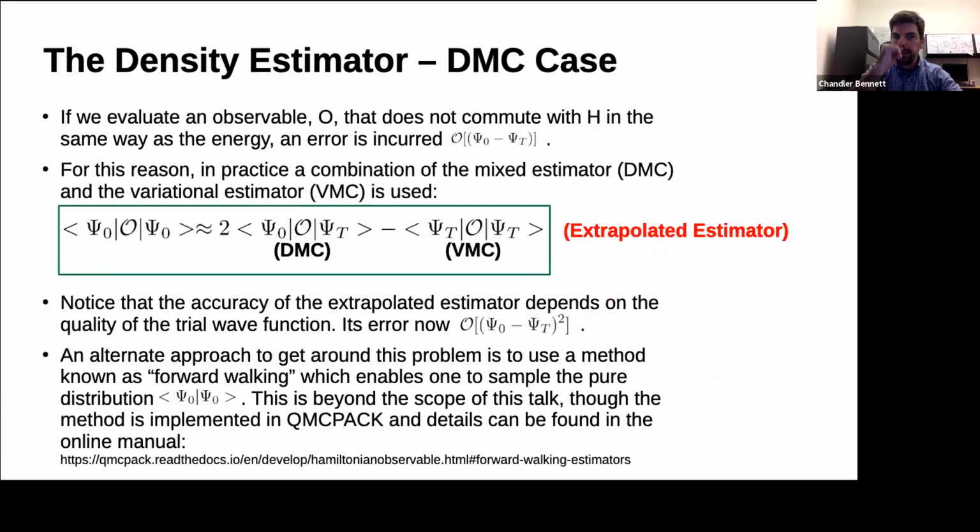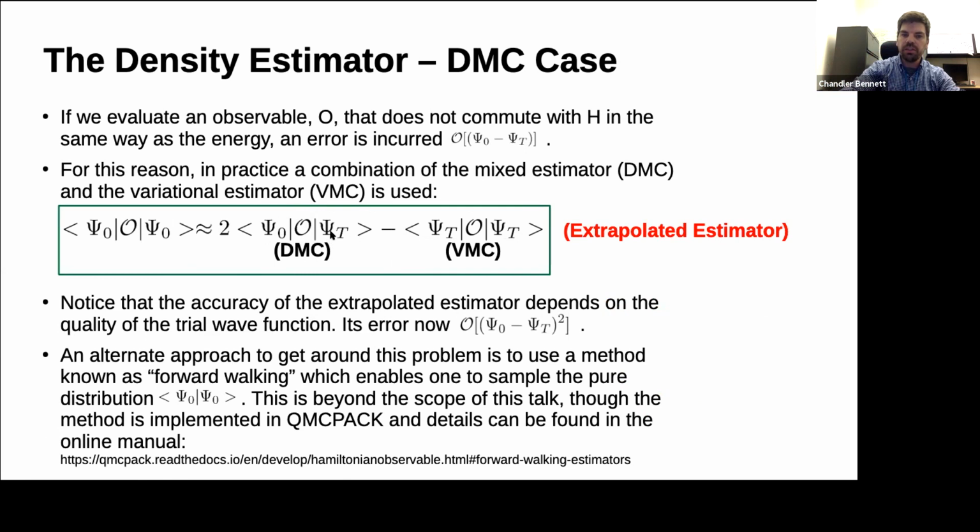However, if we evaluate an observable, say O, that does not commute with the Hamiltonian in the same way that we normally do the energy, there's going to be a linear error incurred. I don't show it here, but it's quite easy to do. So what I'm suggesting is that if you calculate the observable in this way, you're going to get an error.